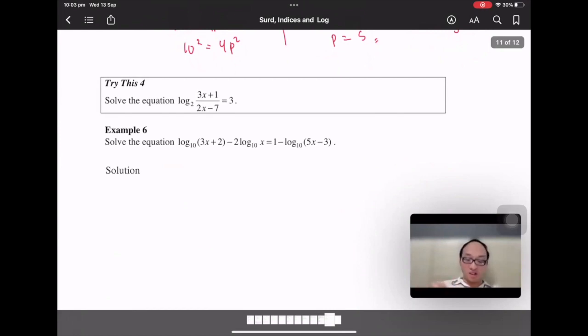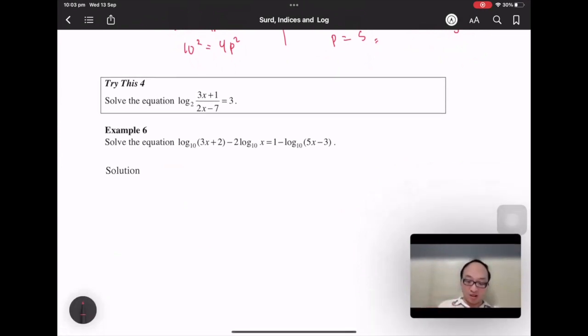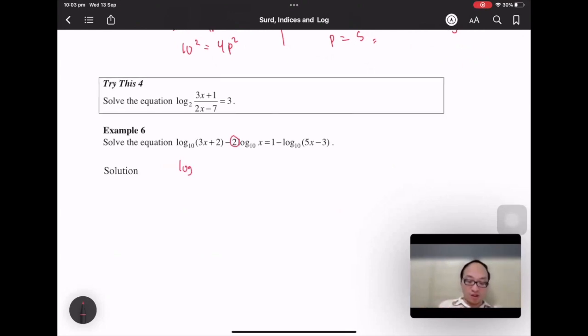And this one, the same, I have to remove the 2. So it's log 10, 3x plus 2 minus log 10 x squared equals 1 minus log 10, 5x minus 3.